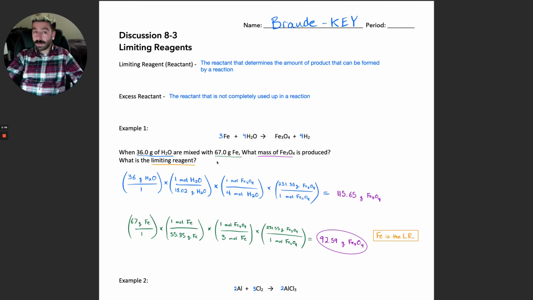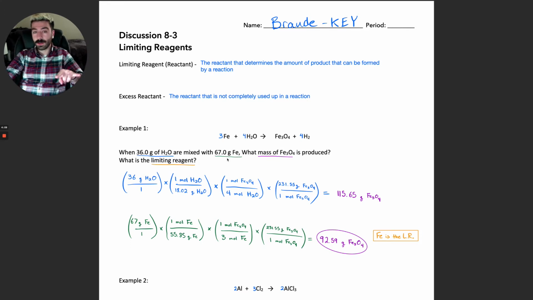Let's underline first. You know I'm all about underlining, so I've color-coded things here. First I underlined 36 grams of H2O in blue so I could show you when I worked with that here. I underlined 67 grams of iron in green so you could see when I worked with that here. Those two are my two reactants.